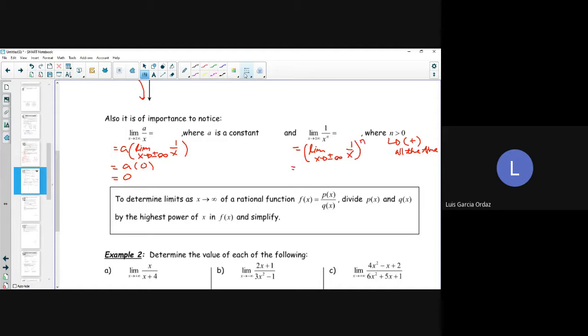And we know based off the above that the limit of x approaching positive or negative infinity of 1 over x gives me 0 to the power of n, which ultimately ends up giving me 0. So we know that the limit of 1 over x is equal to 0. We come to figure out that the limit of a over x gives us also 0. And the limit of 1 over x to the n also gives me 0.